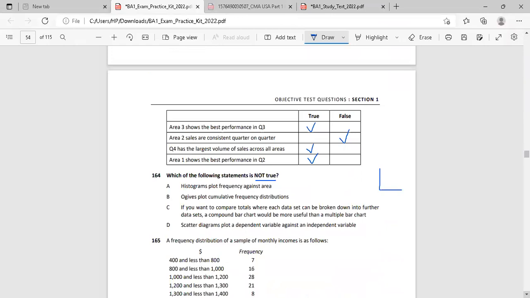Ogives always plot cumulative frequency distribution. That's also correct. Compound bar chart, that's also correct. Scatter diagrams plot a dependent variable against an independent variable. So not true goes with A. There are two variables, it is not against the area.